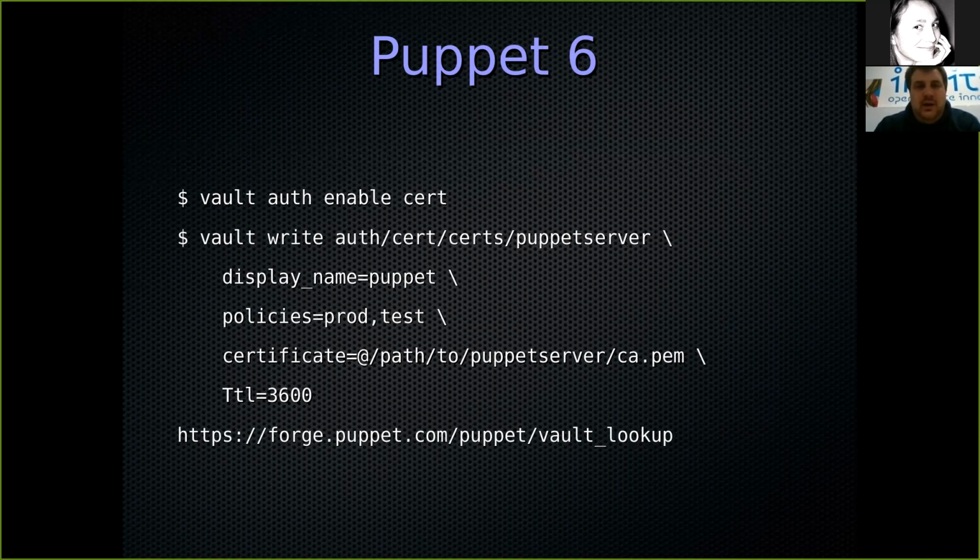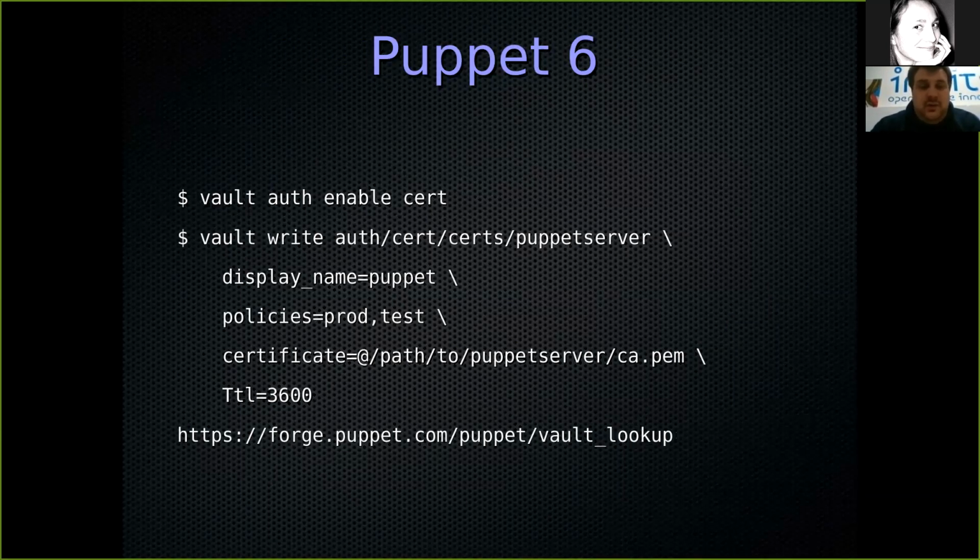So we need to enable certificate authentication on Vault. Then we need to configure Vault to use our Puppet certificates, because we already have those. We have a way of replacing those, and we have a way of managing those. So let's use the Puppet certificate for that already.